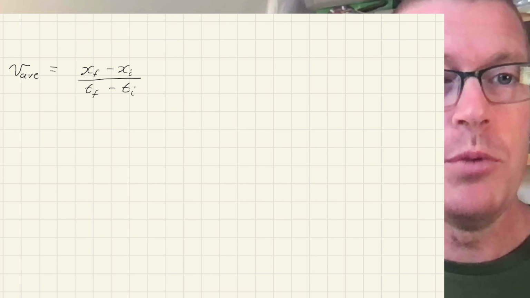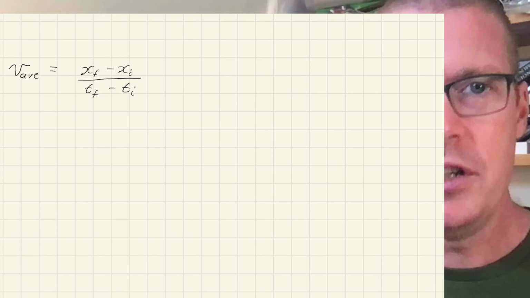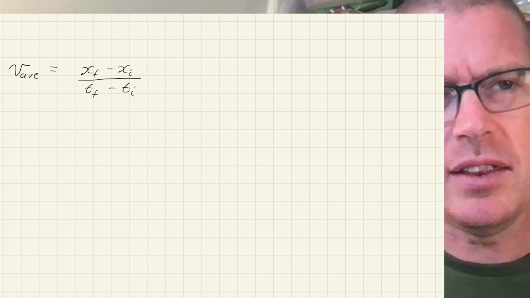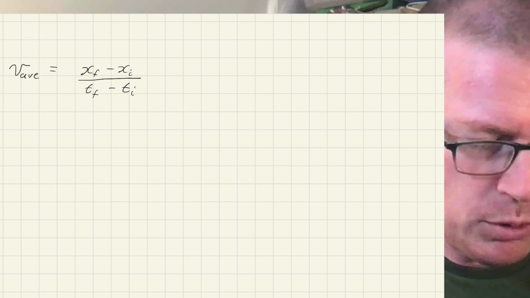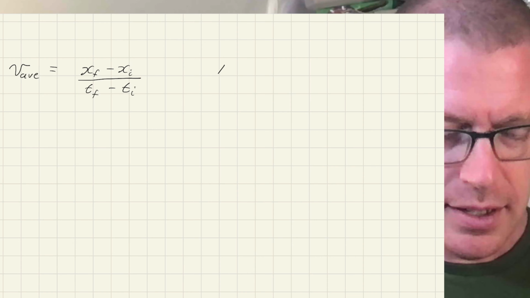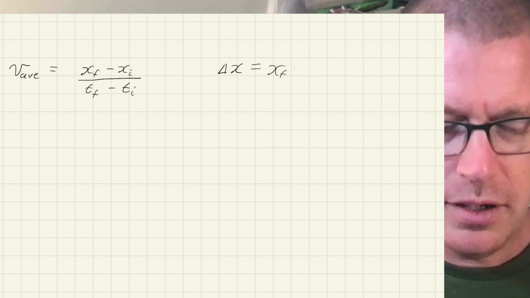If an object is moving at constant speed, then this ratio is the same for any time interval. We introduce a little notation to make this easier to write, so we have fewer symbols to write. And we define the displacement, delta x, as xf minus xi.